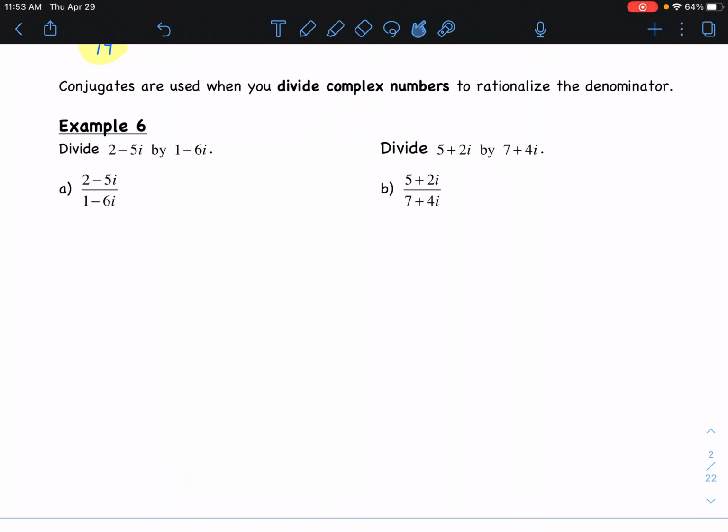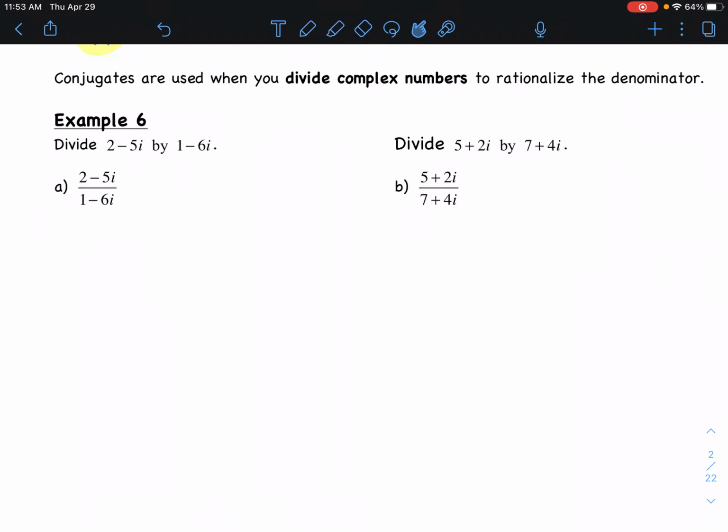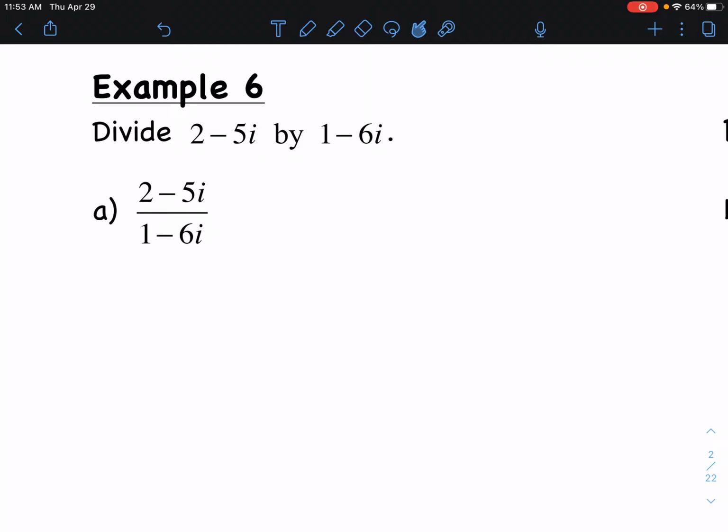But there's a new one. It says that in a denominator, we are not allowed to have the imaginary number i. So what we're going to do is multiply by a special fraction, and you'll see once you multiply it out that it'll turn the denominator into a real number.